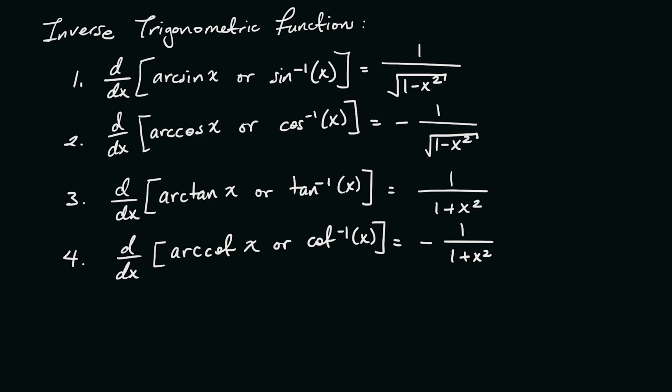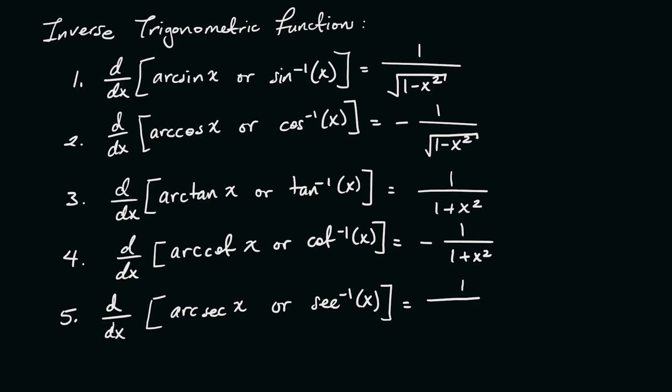And for the last two, which we're probably never going to use, it's arc secant x, or secant -1 of x, right? And that's just equal to 1 over, this one's a little bit more complicated here, the absolute value of x times the square root of x squared minus 1.